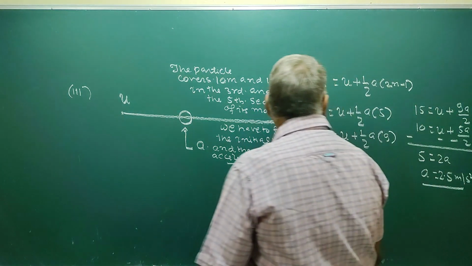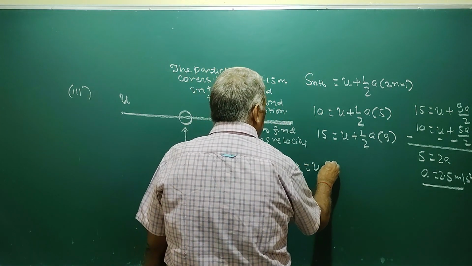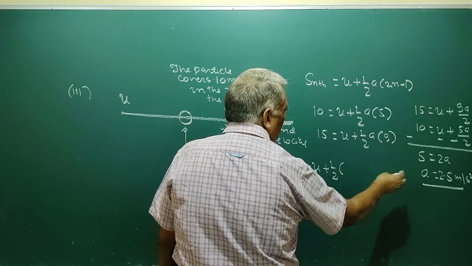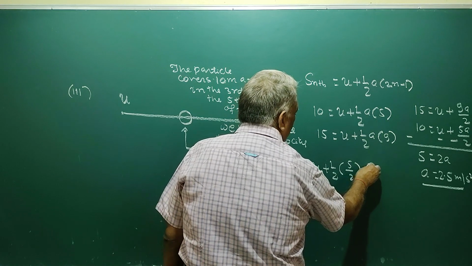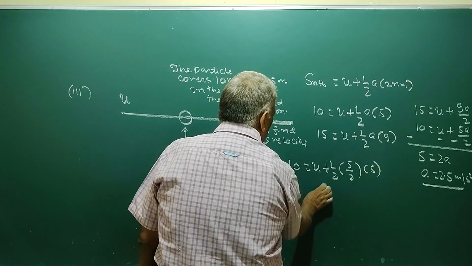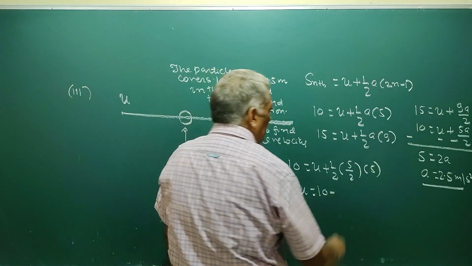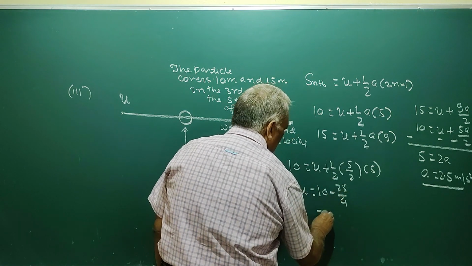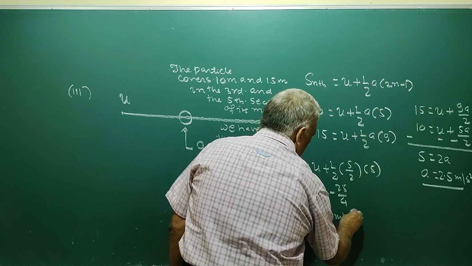Now put the value of a in this. 10 is equal to u plus half a into 5, where a is 5/2. So u is equal to what? 10 minus 25/4, and this will be 15/4 meter per second.